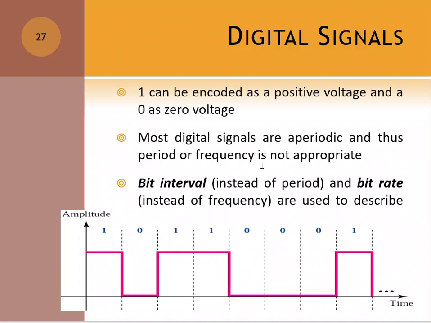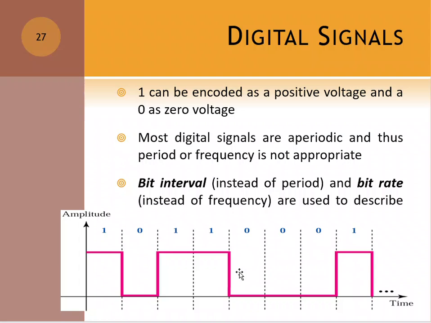So most digital signals are aperiodic and thus period of frequency is not appropriate. Okay, kebanyakan digital signal dia aperiodic. Aperiodic maksudnya dia tidak ada pattern yang dia repeat over time. Okay, kalau you tengok pattern dia tidak seragam seperti sine wave, yang kita tengok dalam analog signal.